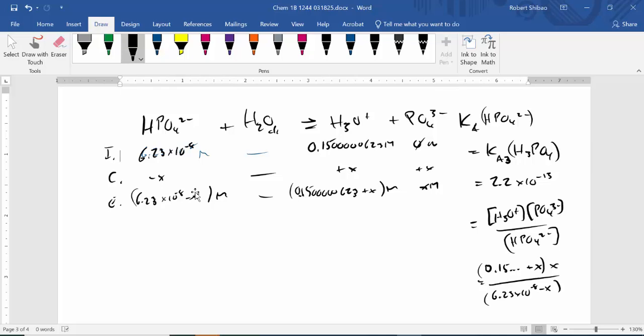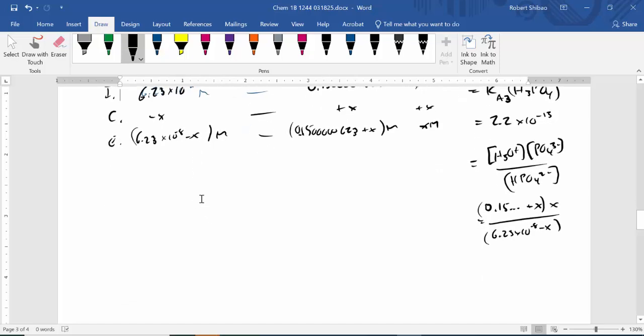Now this is the tale of two x's here. What I mean by the tale of two x's is that the changes are different. So losing or gaining x here with initial of 0.15 is, we could say, relatively small. However, here we're going to lose x, but our initial is extremely small. Do you see that?